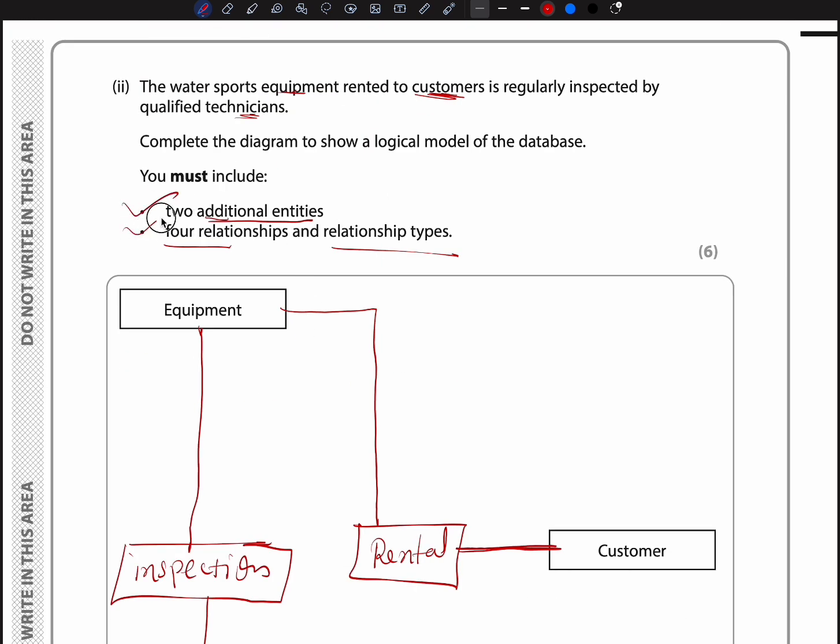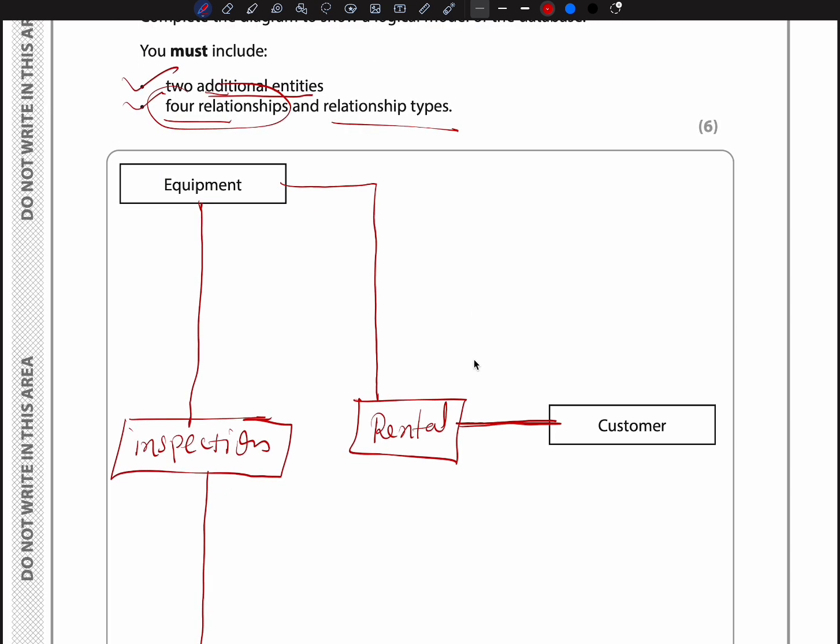Four relations are done, but now we have to think about the type of the relation. So one customer can rent multiple times, right? So that's why it is 1:many. This means many. One equipment can be rented multiple times, right?